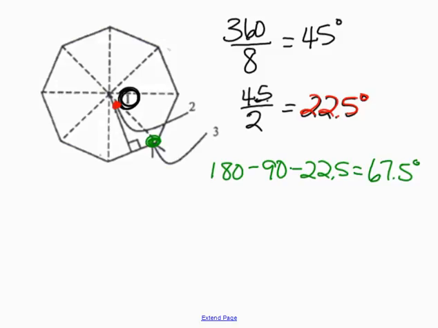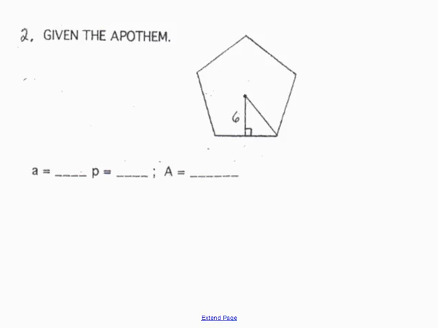So we're going to move on and try and find the area of a pentagon when they give you the apothem. Okay, so they gave us the apothem. Well, that's good. The apothem is 6. Now I have to find the perimeter. Perimeter is the distance around. Great. I got nothing on the sides.